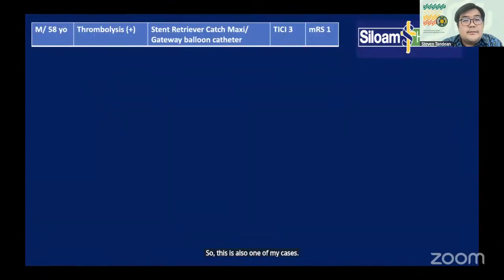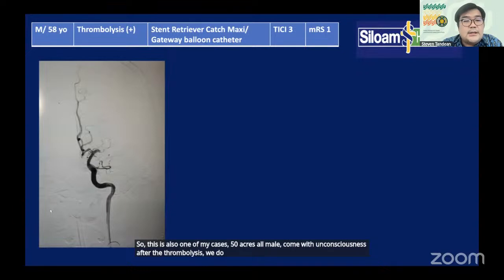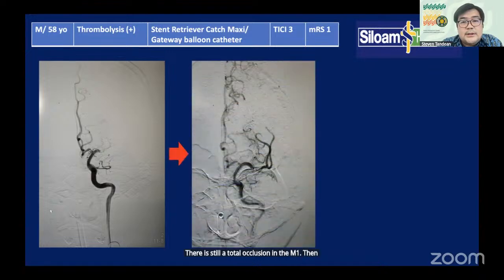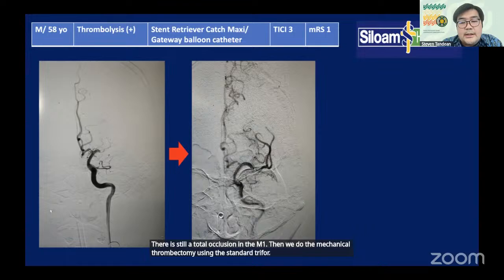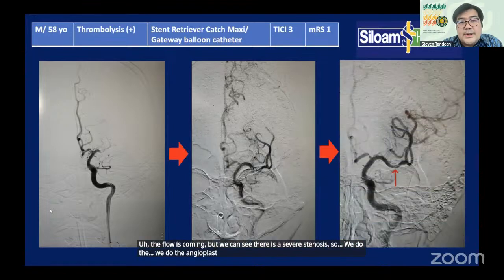A 58-year-old male came with unconsciousness. After the thrombolysis, we directly did the DSA. There was still a total occlusion in the M1. Then we did the mechanical thrombectomy using a stent retriever. The flow came, but we could see there was a severe stenosis. So we did the angioplasty using the Gateway balloon.